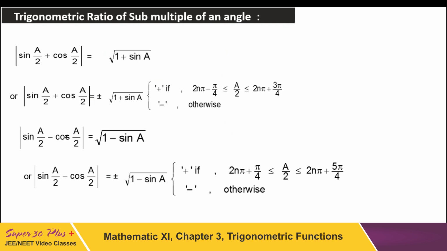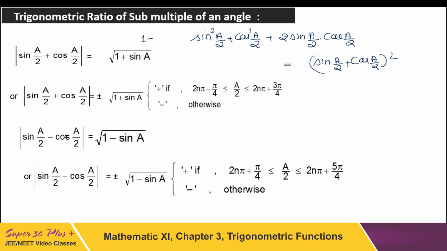We write the square root of 1 plus sin a. Now simplify it. The value of 1 is sin square a/2 plus cos square a/2, and sin a can be written as 2 sin a/2 cos a/2. Now this expression can be written as (sin a/2 plus cos a/2) whole square. This is the value of 1 plus sin a.